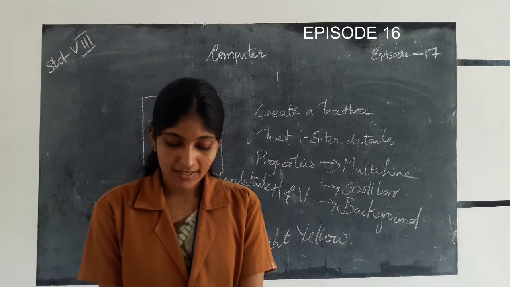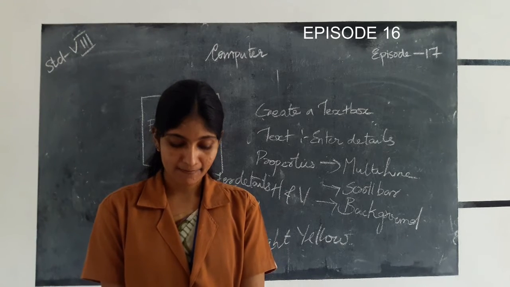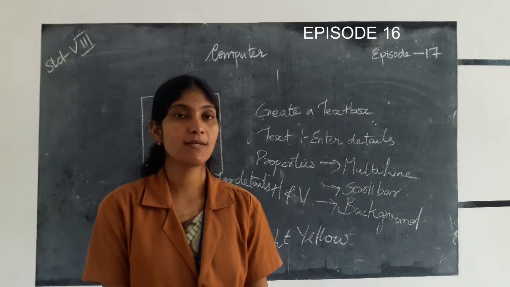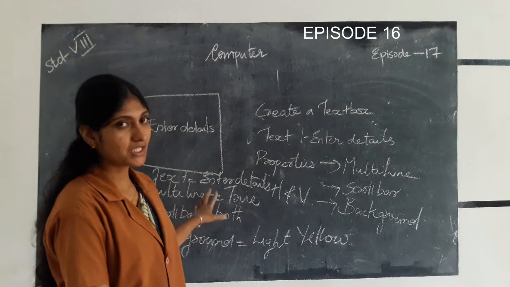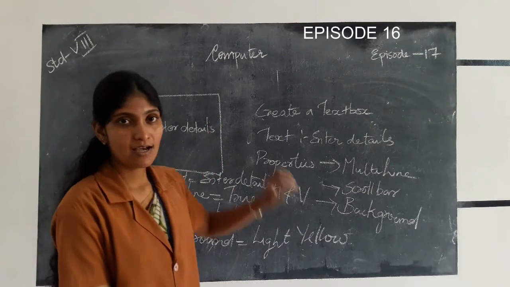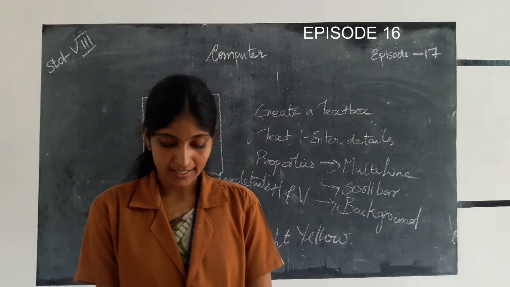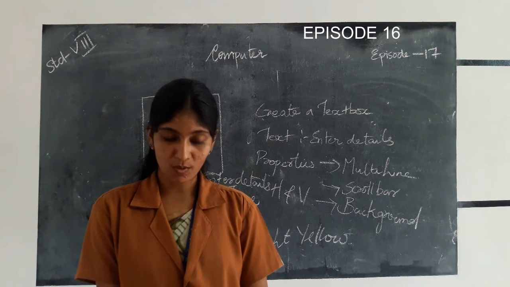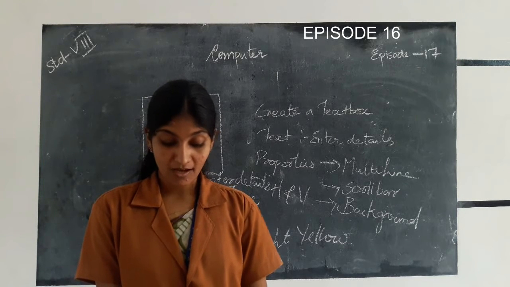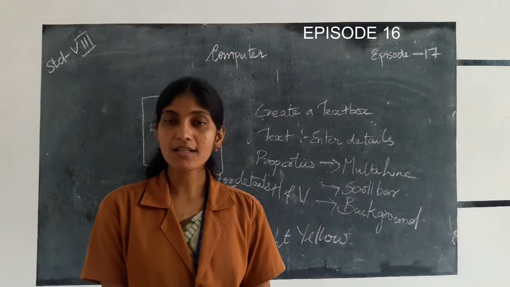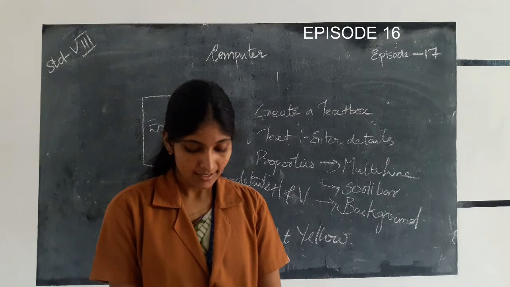Then the scroll bars will appear only when the multi-line property is set to true. That means the scroll bar will be active only when we set the multi-line property. The horizontal scroll bar will appear only when the word wrap property is set to false.